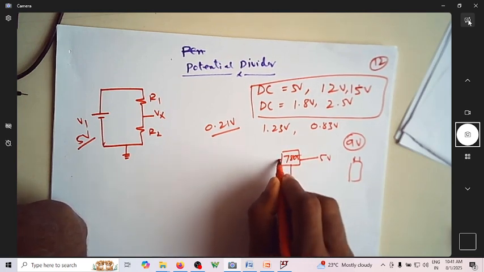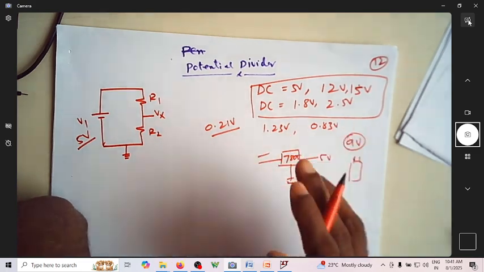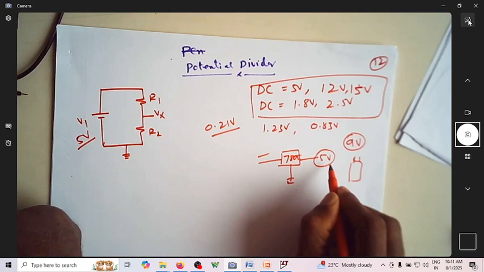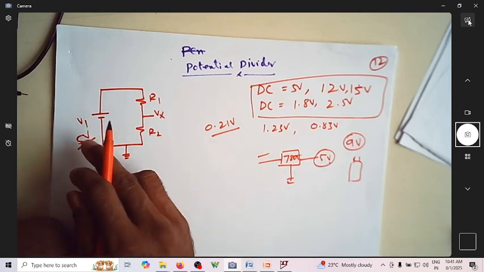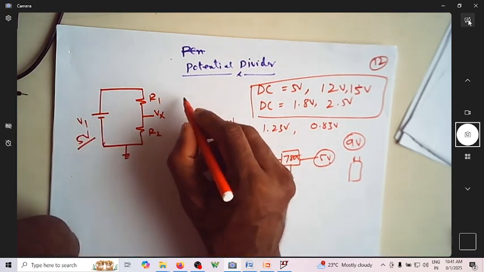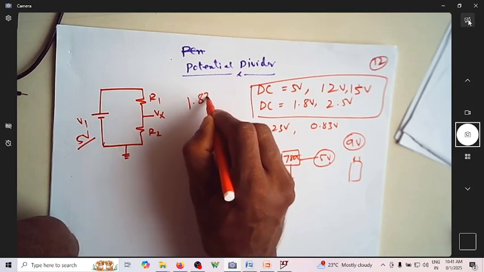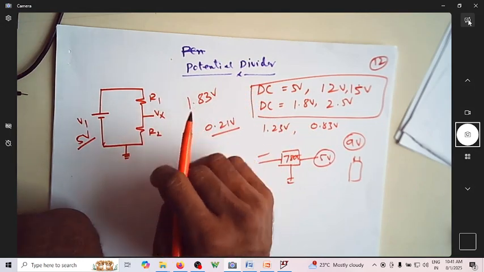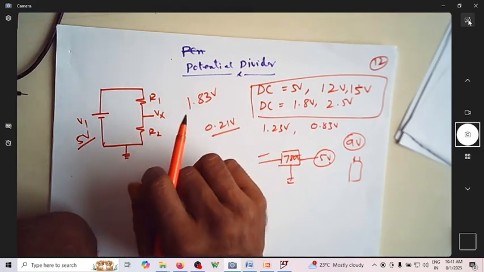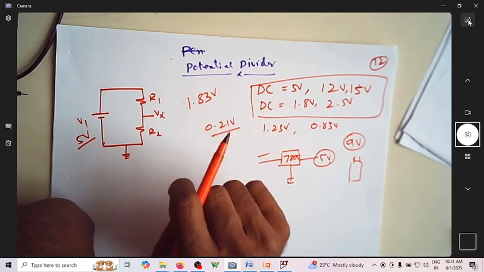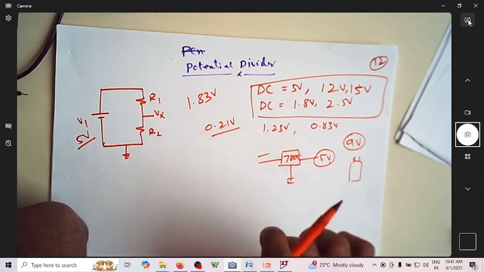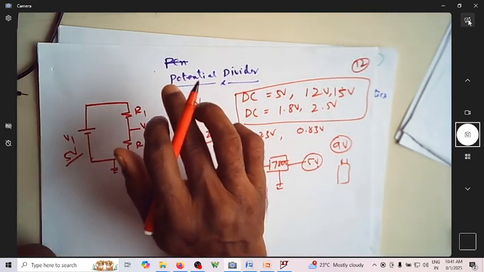So you're getting a 5 volt supply. From this 5 volt, assume you have to get 1.83 volts for a certain application. How do I get exactly 1.83 from the available 5 volt? We will use a potential divider.